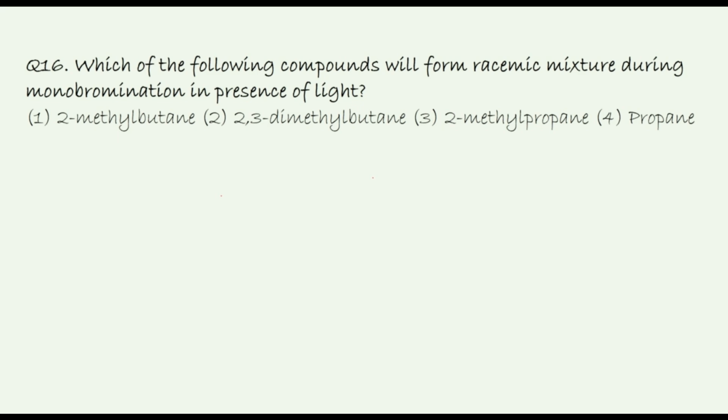Let's say this question: which of the following compounds will form a racemic mixture during monobromination in the presence of light? For forming the racemic mixture, it should have a chiral center, right? So upon doing the monobromination, which can form a chiral center, let's see. So butane, 2-methylbutane. If bromine is replacing this hydrogen, it will not make any chiral center because 2 CH3 groups are here.